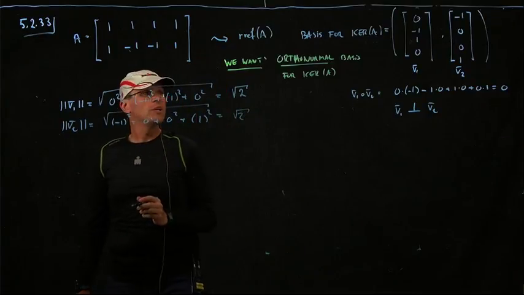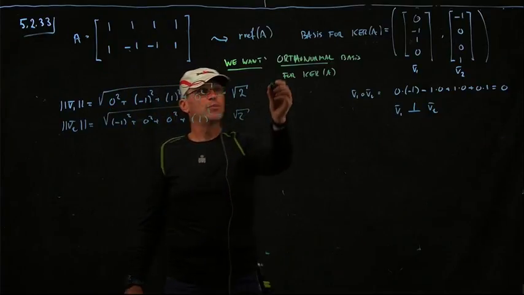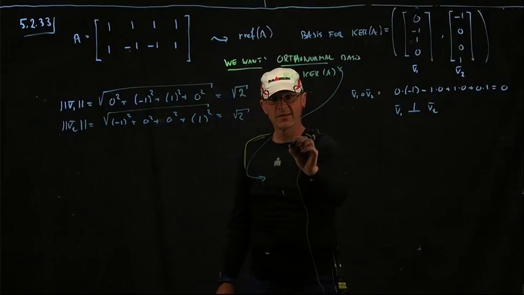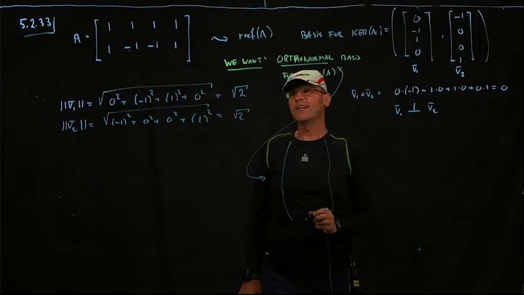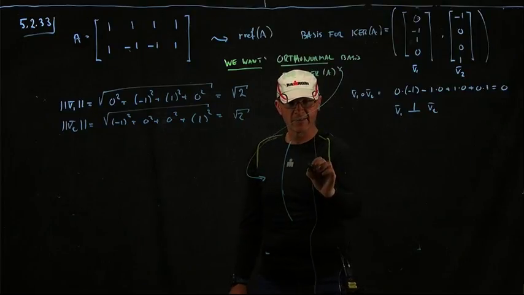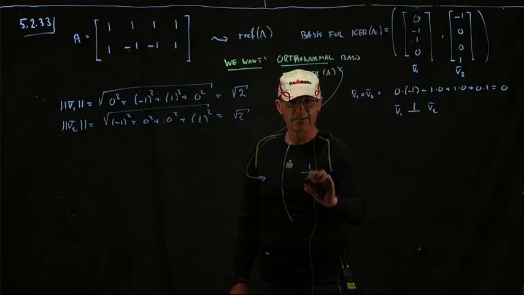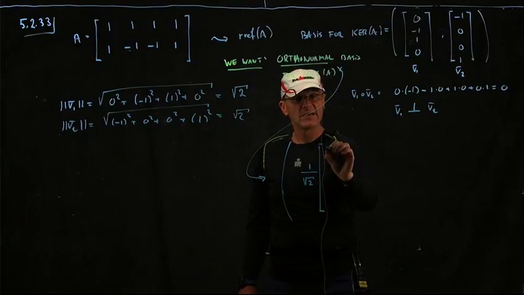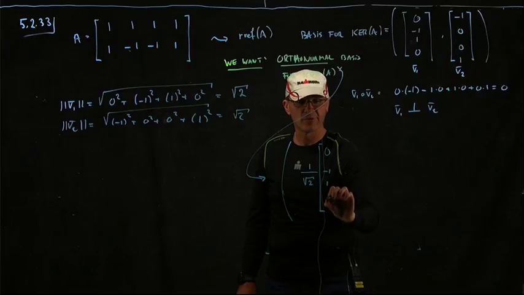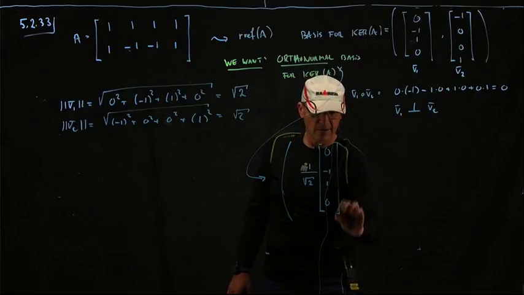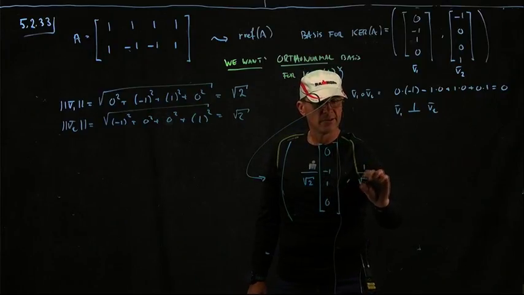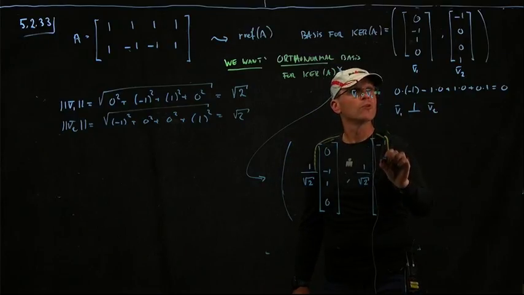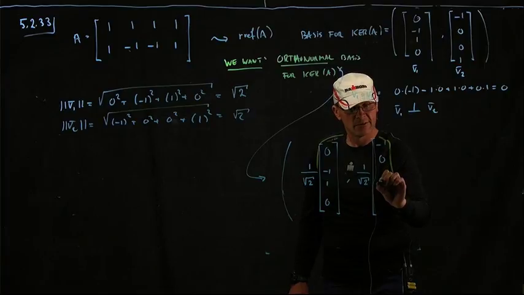right? So that means that this basis that we're after, we can just take the old vectors and divide by their length, right? So we have 1 over the square root of 2 times (0, -1, 1, 0), and 1 over square root of 2 times (-1, 0, 0, 1).